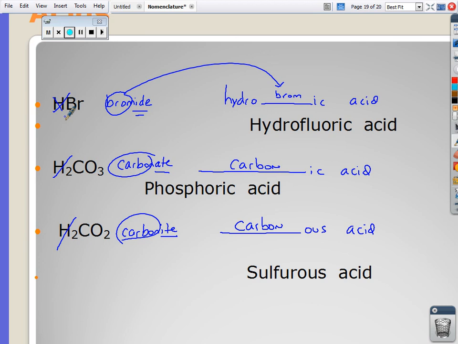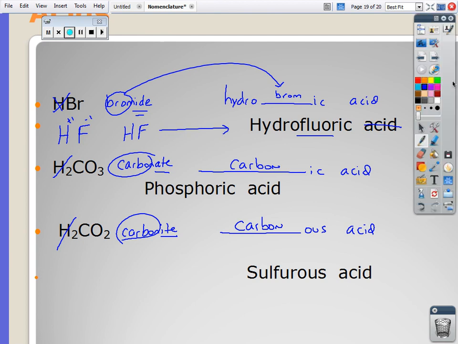Now working the other way, hydrofluoric acid, that means you have H and you have F, right? The word acid turns into an H. This is +1 and -1, so you write it HF, and that's hydrofluoric acid. Phosphoric acid, if it ends in ic, wasn't that ate?